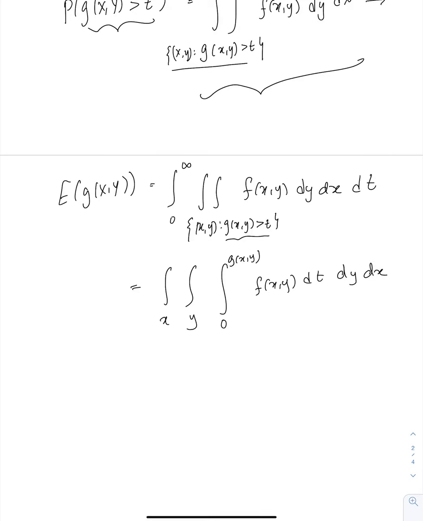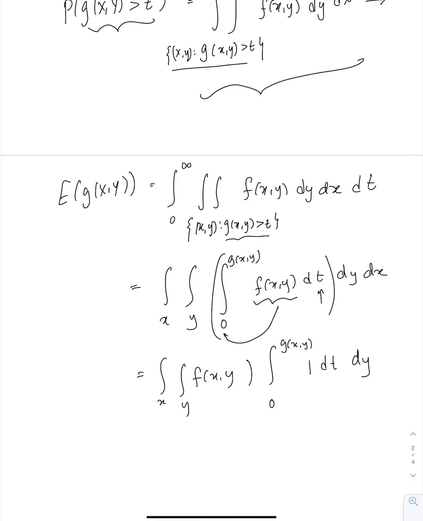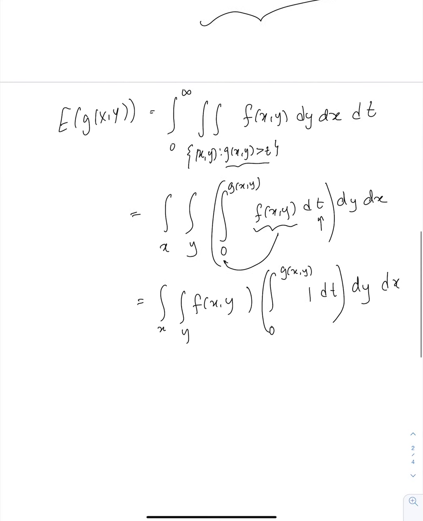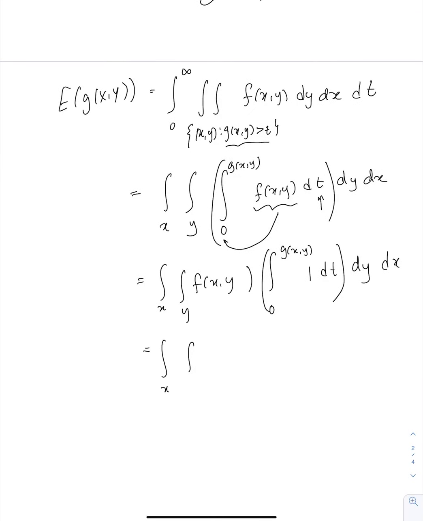All right, so now let's look at the innermost integral. You have integral x, integral y. f of x,y has got nothing to do with the variable of integration over here, dt, so I can take it out. And I have the integral from 0 to g of x,y of 1 dt dy dx. Well, this is just a simple Calc 1 integral. The integral is t, evaluated from 0 to g of x,y.